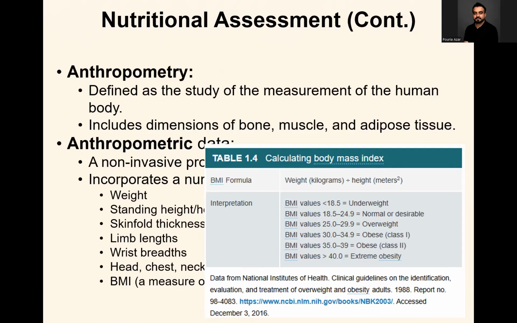So if we have body weight in pounds rather than kilograms and height in inches rather than meters, we can divide body weight in pounds by height in inches squared multiplied by 703. So if BMI is less than 18.5, it's underweight. Between 18.5 and 24.9 is normal, and we go to overweight, and then classes of obesity, which has three classes.